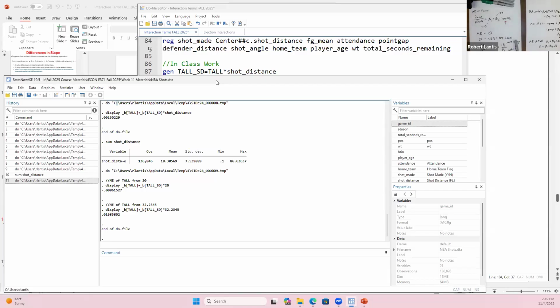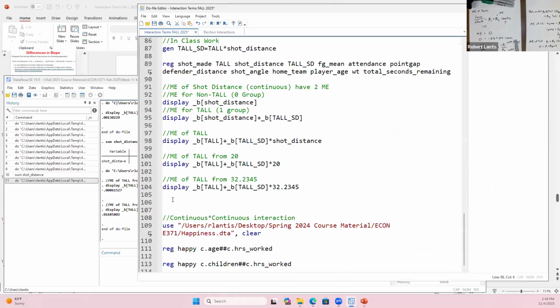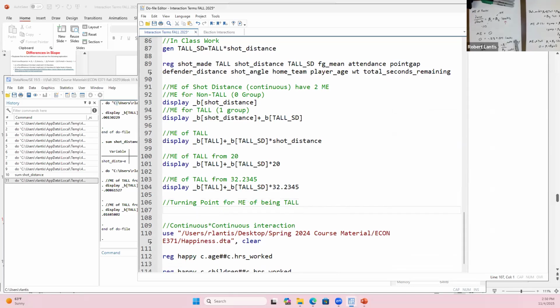So if I wanted to do this in Stata, we can actually calculate where that would exist. All right. So here I could do this a couple different ways. I could simply display negative whatever the coefficient on that dummy variable was, divided by the coefficient on my interaction term.